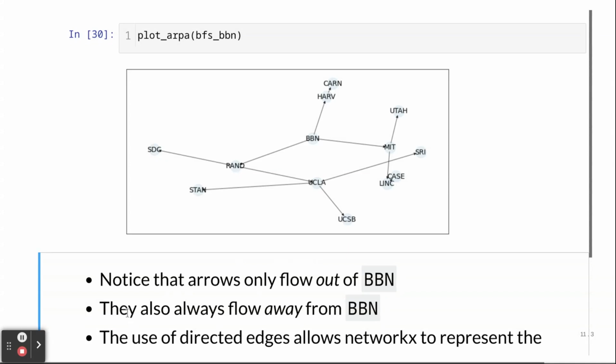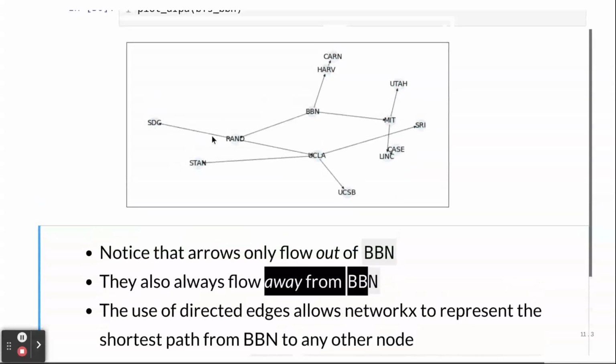So in each case, the arrows are always flowing away from BBN. And what this is really representing is the shortest path from BBN to every other node. If we just follow the arrows, it will tell us the shortest possible way to get from BBN to any other node.